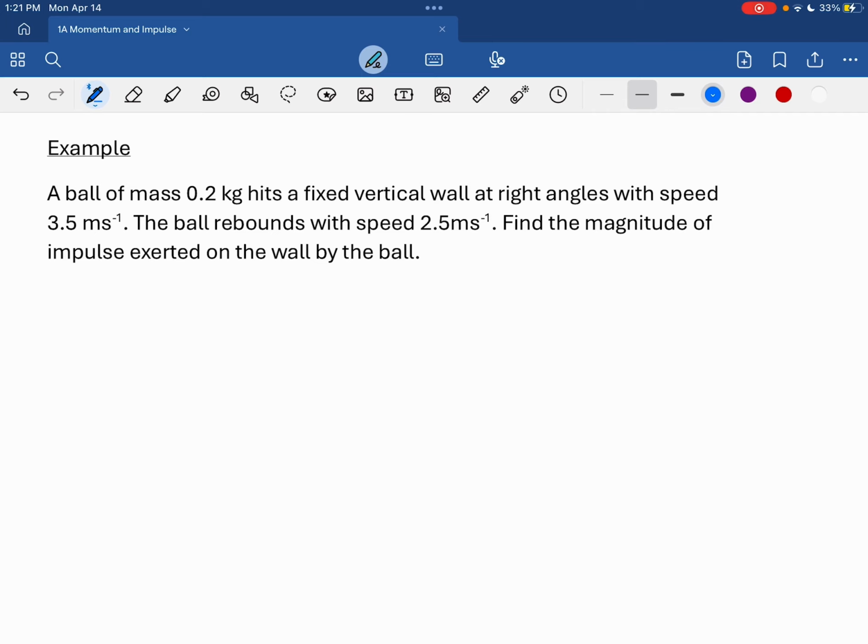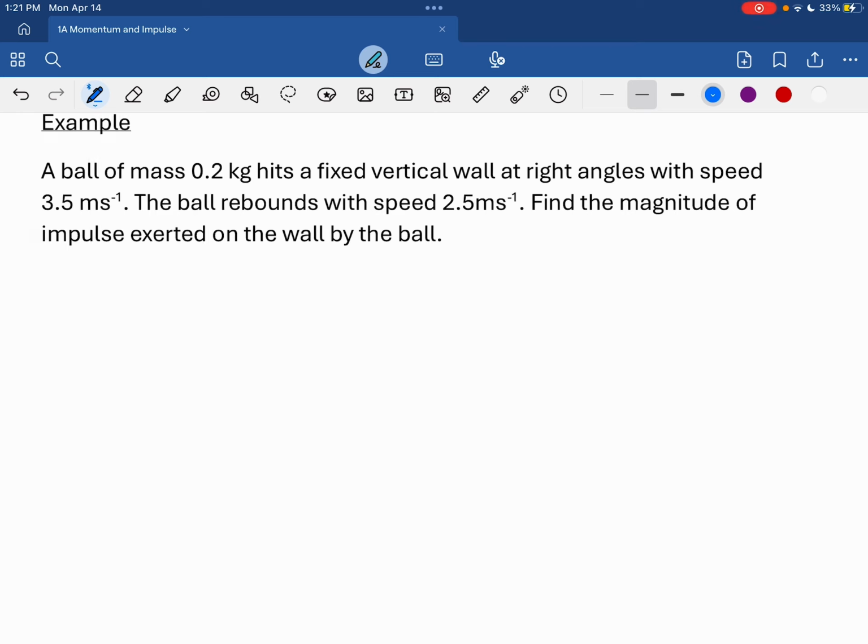So first thing I'm going to do here is draw a diagram. So I have a mass here of 0.2 kilograms. It's going to hit a wall. It hits the wall with a speed of 3.5 meters per second. So I write that there, and what I'm doing is I'm writing the before above the particle.